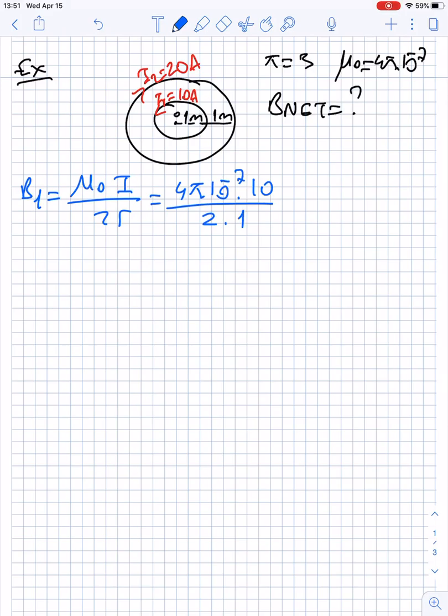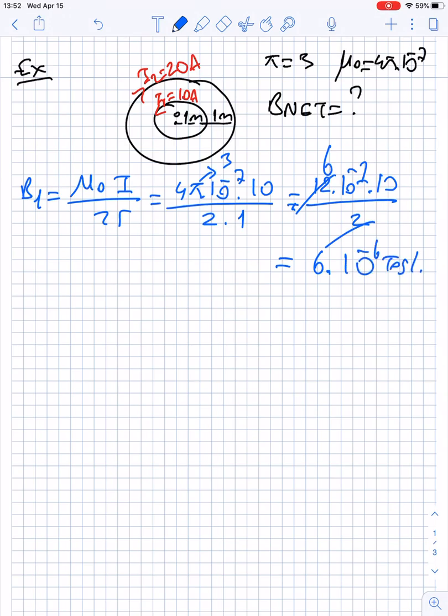The first circular loop radius is 1 meter, and if I write 3 instead of pi, my result is 12 times 10 to the minus 7 and 10 over 2, and 2 and 12 simplify and just 6 stays. My result is 6 times 10 to the minus 6 Tesla, and my direction is out of the page, because my thumb showed out of the page, the direction is like this.